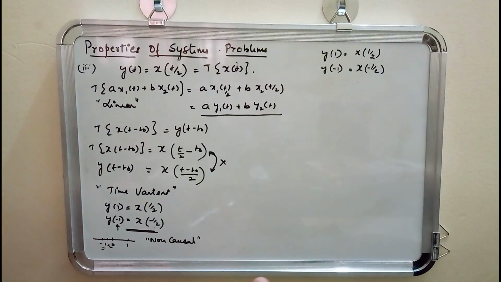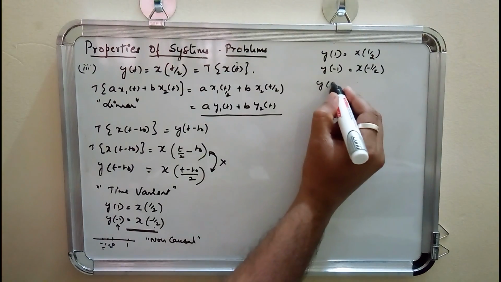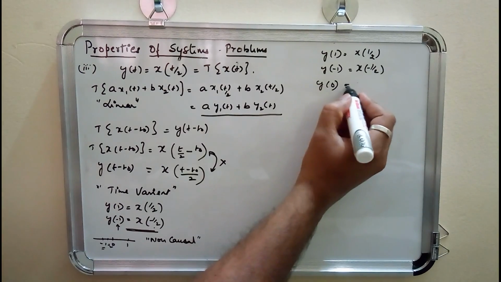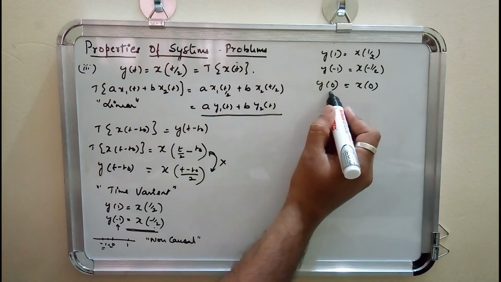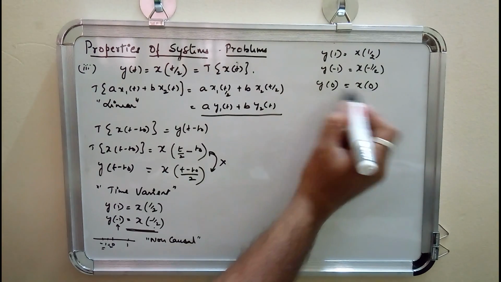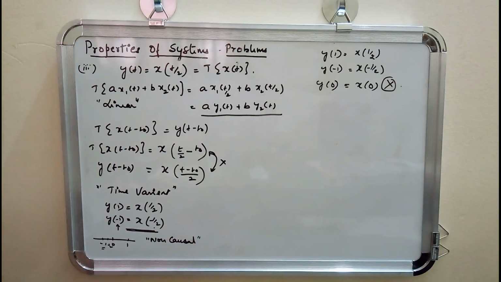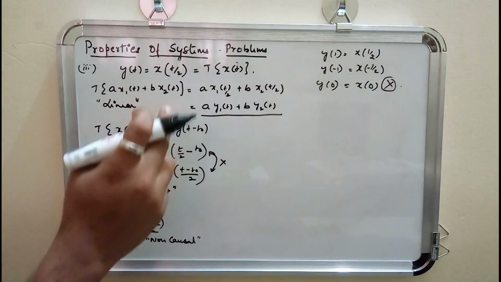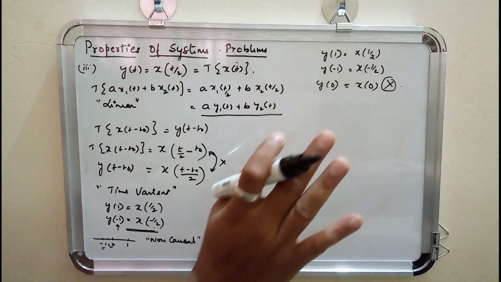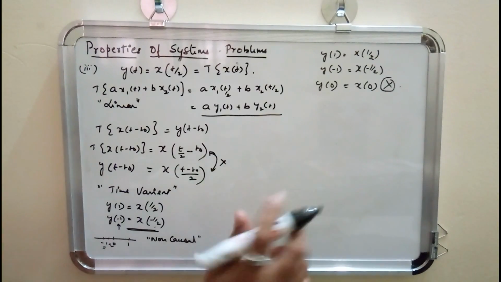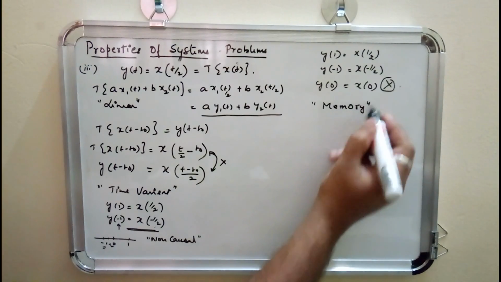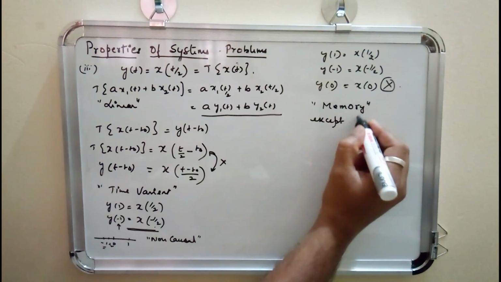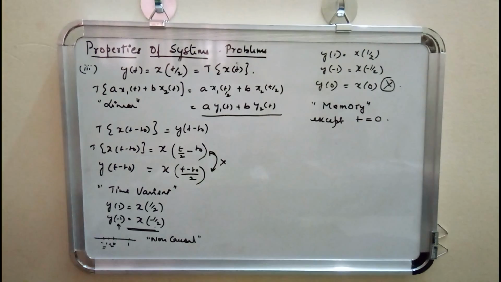This is also valid. But what happens when we give t as 0? y of 0 is x of 0. That means the output at one instant depends upon the input at the same instant. This is not the criterion for a system to have memory. So this system will have memory for all other values of t except t equal to 0. So we can write it has memory except for t equal to 0.